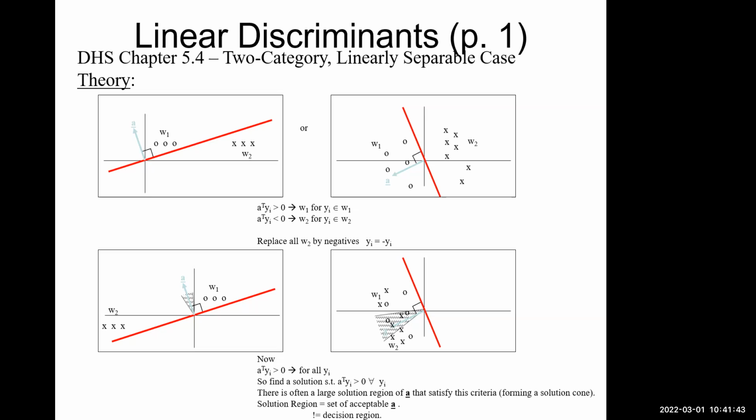And we want to move that normal around, and there was a region of different choices for that normal that would all result in X's and negated X's and O's all being on the same side. There was not just one solution to the problem, there was a range of solutions.